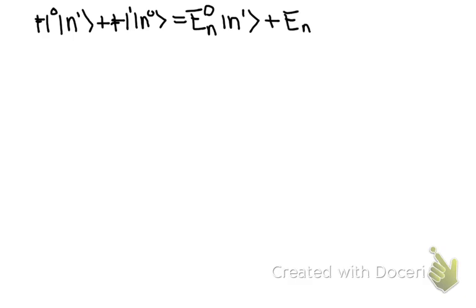H0 acting on |n1⟩ plus H1 acting on |n0⟩ is equal to En0 |n1⟩ plus En1, that is first order, and the state in zero order.